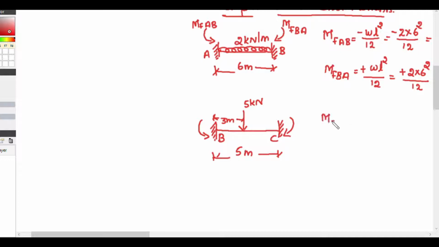So MFBC will be equal to minus WAB square by L square, and MFCB will be equal to plus WA square B by L square. So this is not 12, this is L square.